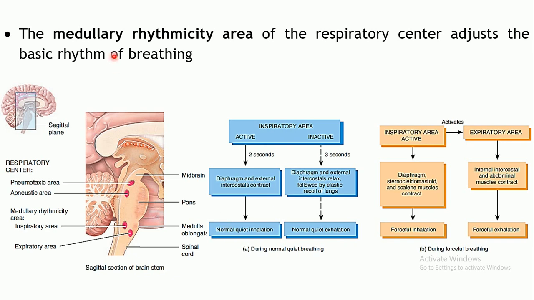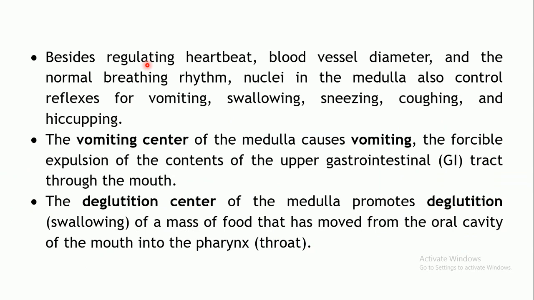So it adjusts the rhythm of breathing as per the need, as per the situation. It is altered by the medullary rhythmicity area. Now these are vital functions, right? The contraction of the heart, your ventilation or breathing, these are all vital functions.